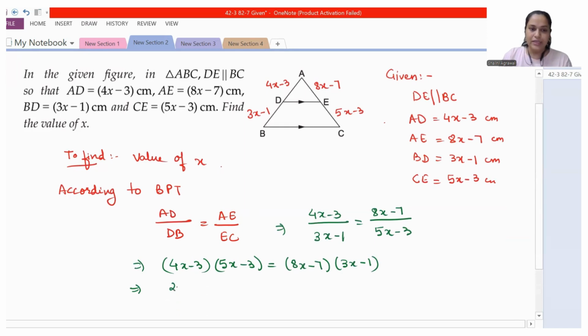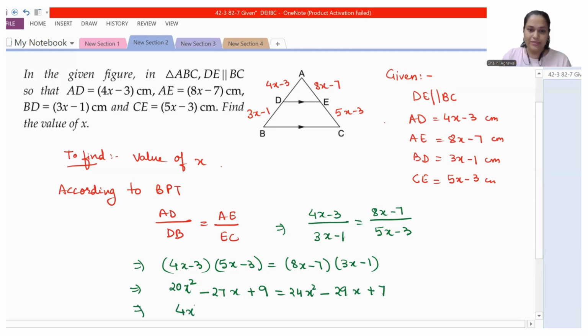20x square minus 15x minus 12x, that is 27x plus 9, is equal to 24x square minus 21x minus 8x, that is 29x plus 7. Now I'll shift all the terms to one side.